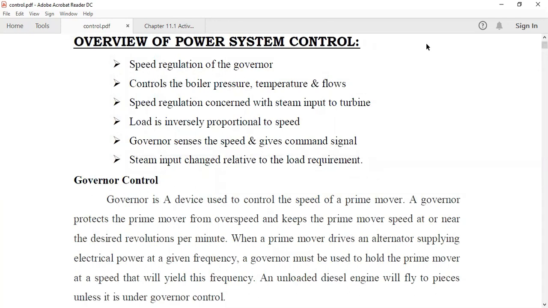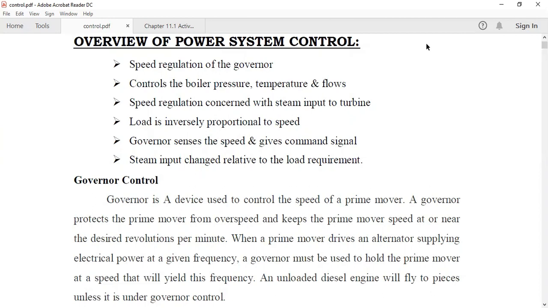We have the speed regulation, that is, with the help of the governor we can vary the fuel intake into the turbine, and with the help of that we can control the speed of the alternator or generator, by which we can maintain the rated RPM of the prime mover as well as the rotor of the alternator, by which we can maintain the frequency at its rated value.